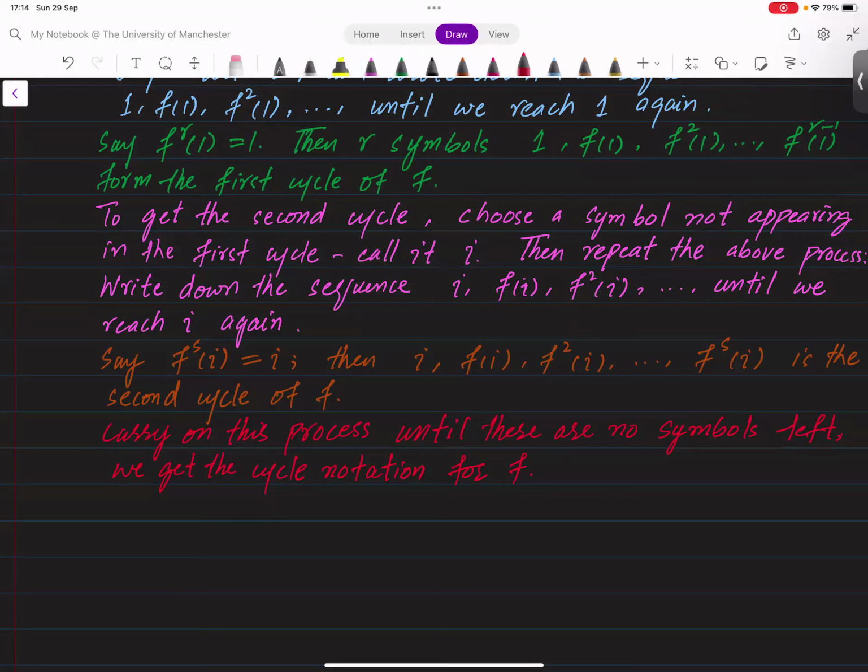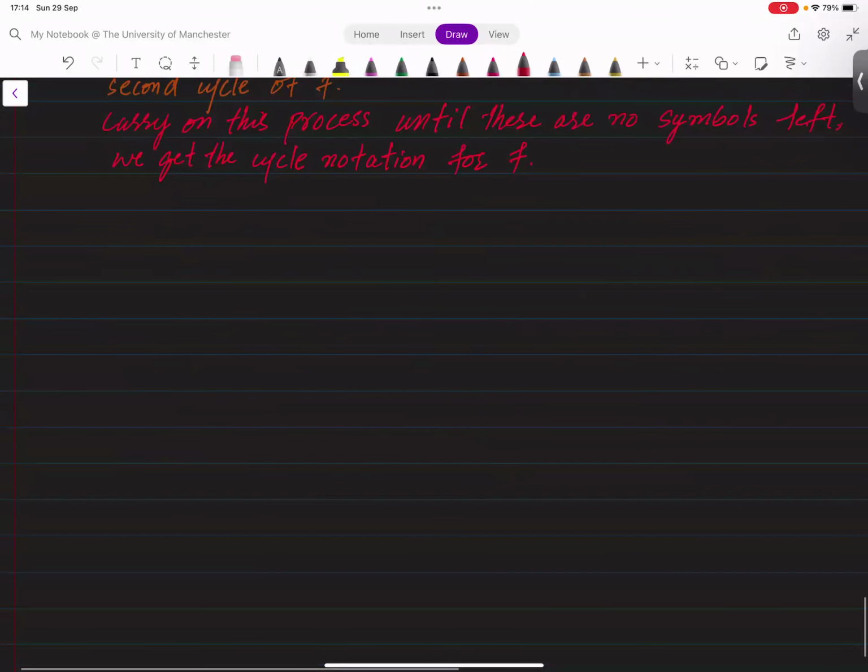So to summarize, let's give a proposition. We call it 20.3.